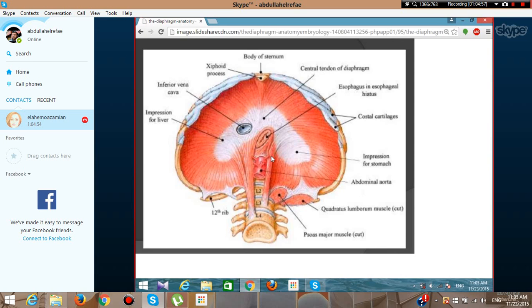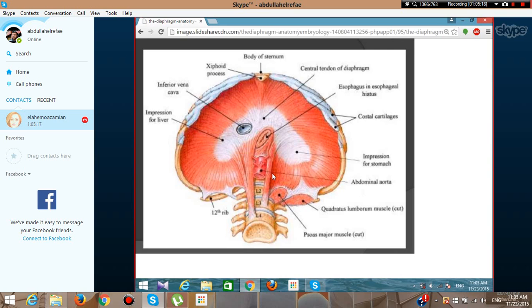On the right side, it comes from the bodies of L1, L2, L3. On the left side, it is the bodies of L1, L2. And when these go up, they form two crura.